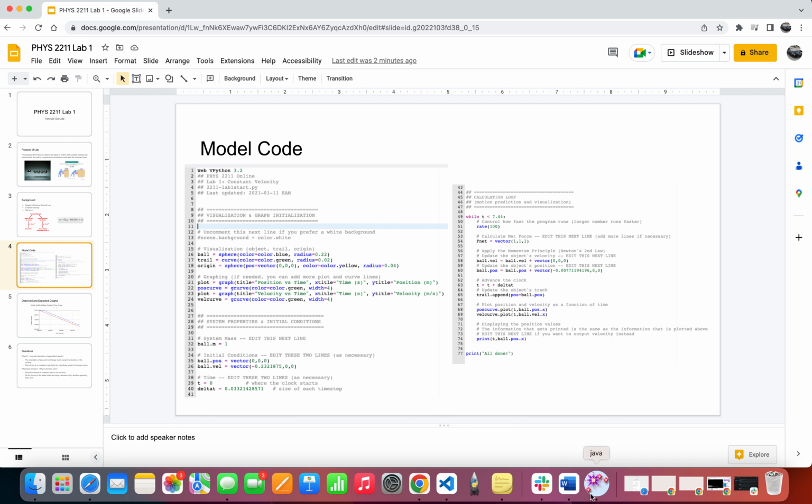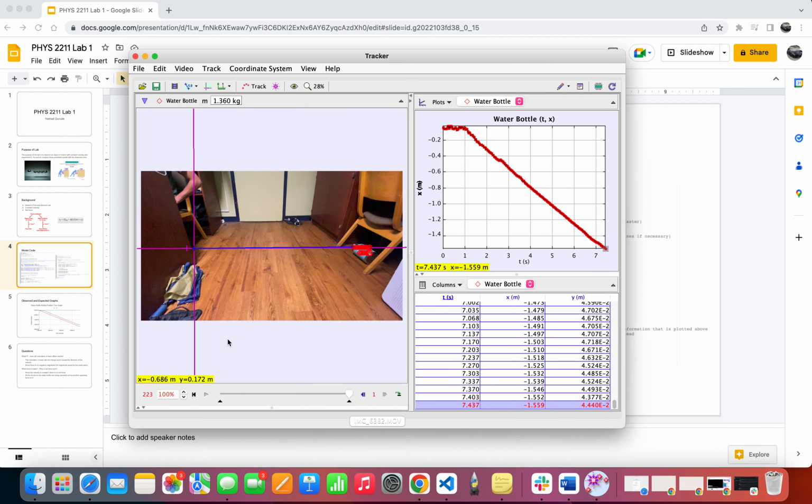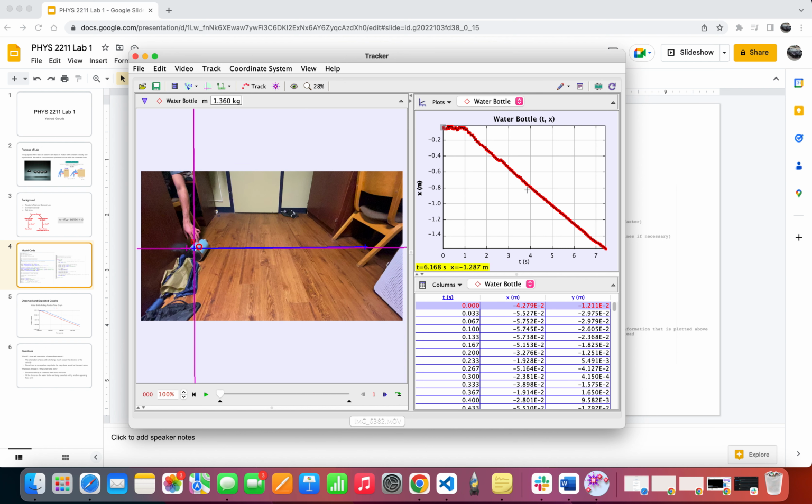Before we go to the model code, let's look at the tracker. Right here is the video that I had for my water bottle rolling down, and on the right you can see this graph as well as this table. Let me just play the video.